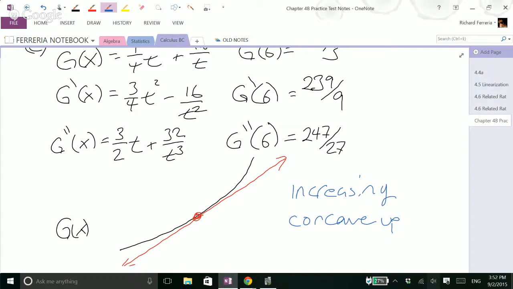So are the values on the tangent greater or less than the actual value? It's got to be less, right? It's below the actual value. Did it matter if I was on the left or on the right? Doesn't matter. As long as I know the function is increasing and concave up, I know that this is going to be an under approximation.